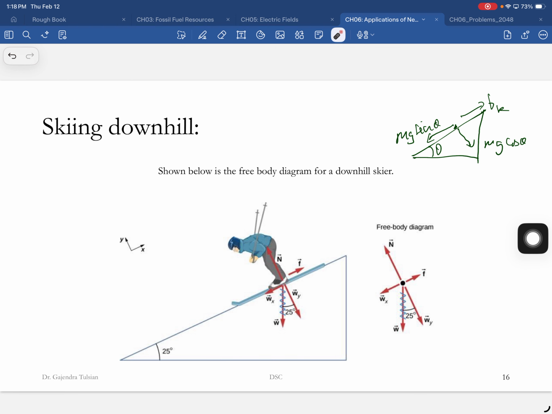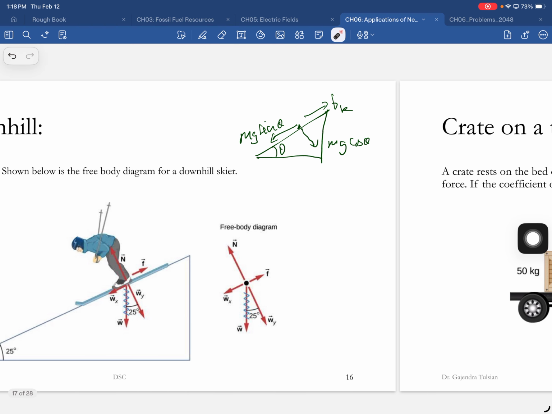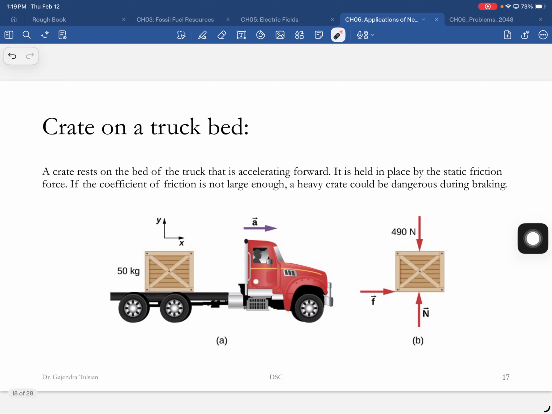He's moving, so it's a kinetic friction force. And there's the normal force. The normal force is balancing that force. Okay? So those are the four forces acting on it. Okay? I mean, there are three forces acting on him, this, and that, except that we've broken this into these two components.